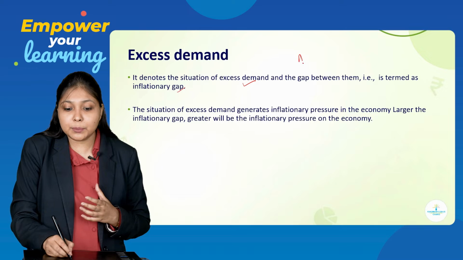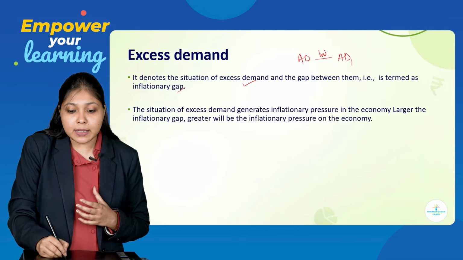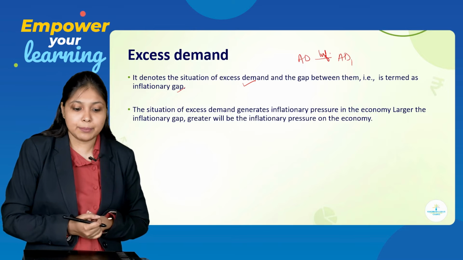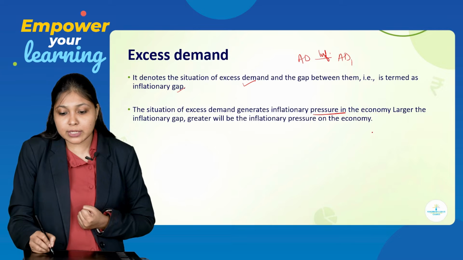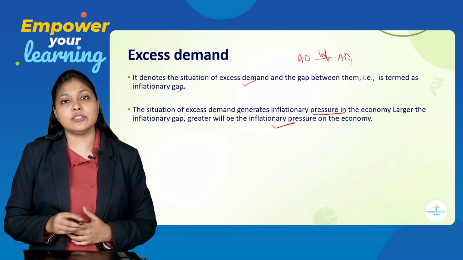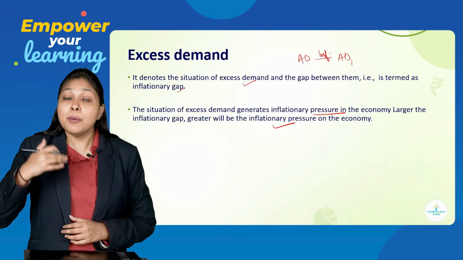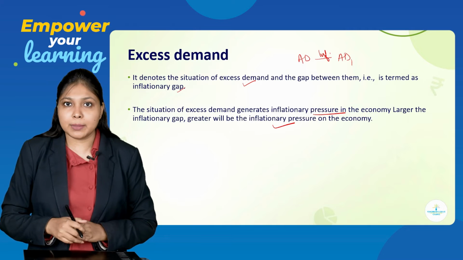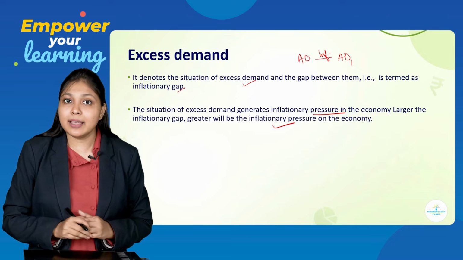So the gap between AD and AD1 is nothing but the inflationary gap. The situation of excess demand generates inflationary pressure in the economy. The larger the inflationary gap, the greater the inflationary pressure. The lesser the inflationary gap, the lesser the inflation in the economy.